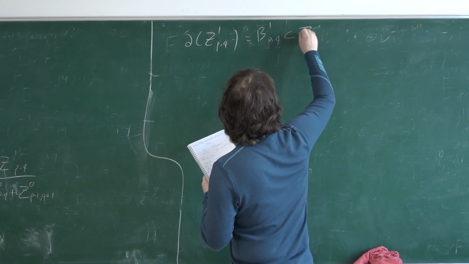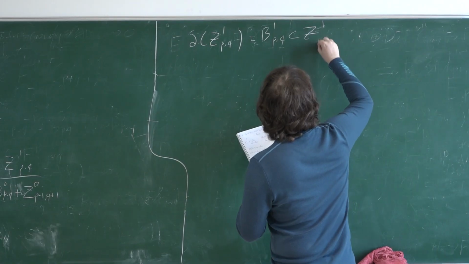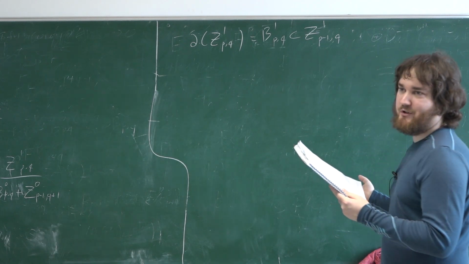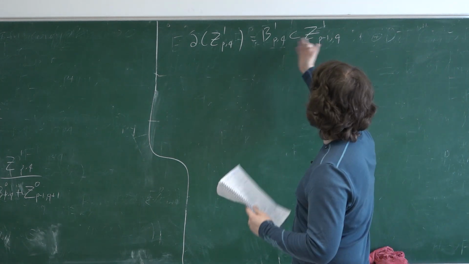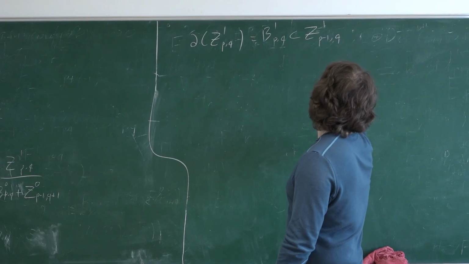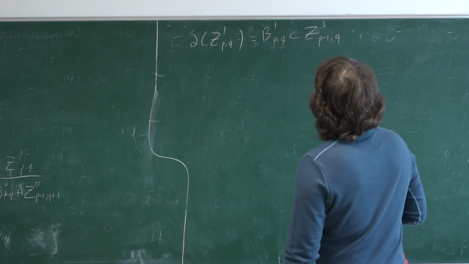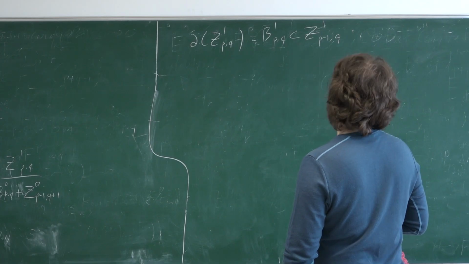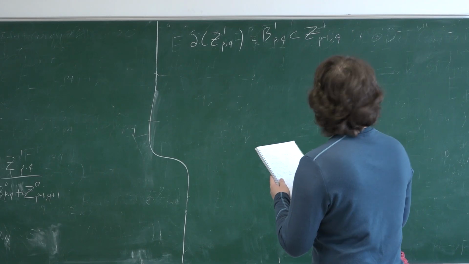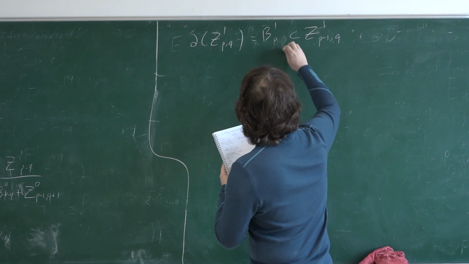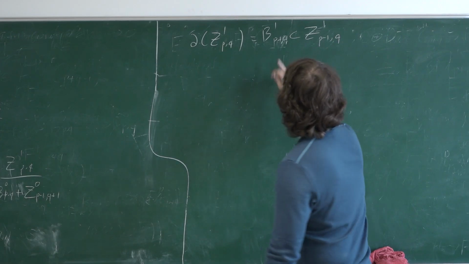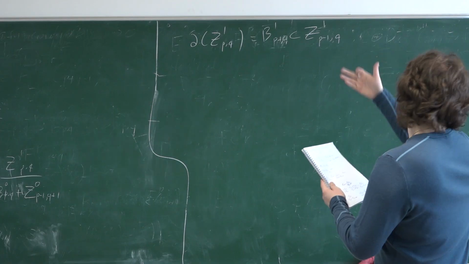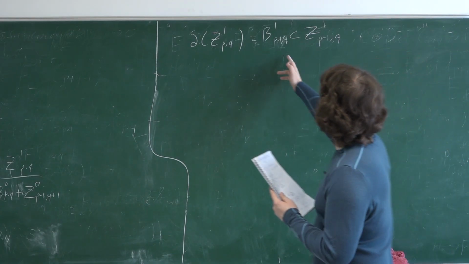It lies in Z1 P minus 1 Q, by definition, because any B lies in any Z.